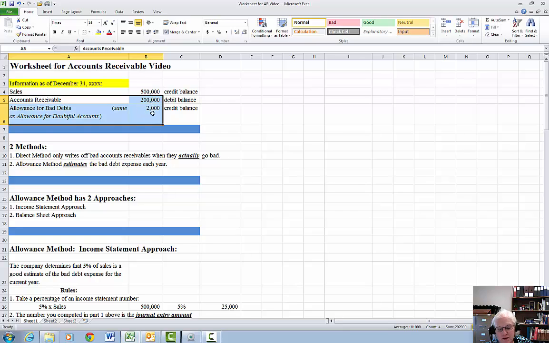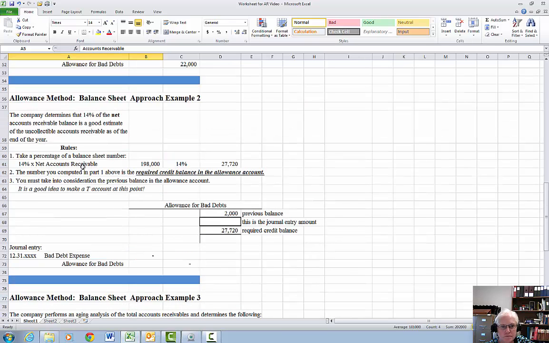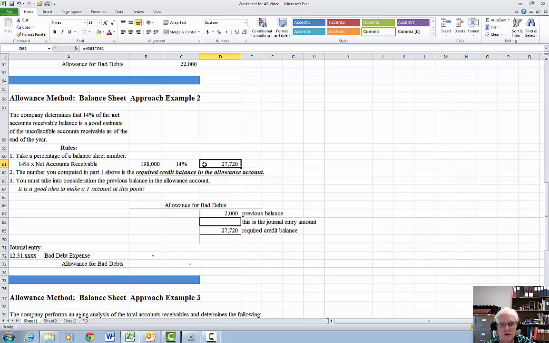So 200 minus 2 gives us 198. Right there. So we're going to take 14% of 198, the net accounts receivable, and that will give us 27,720.